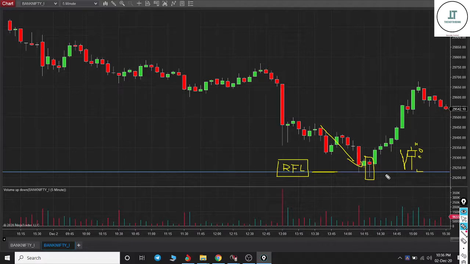I am not looking at the candle pattern at every single price change or at every location of the candle. I could have said this is also a kind of bullish candle, but this is not a point to look at the candle pattern, because we don't have any major reference support or resistance level.